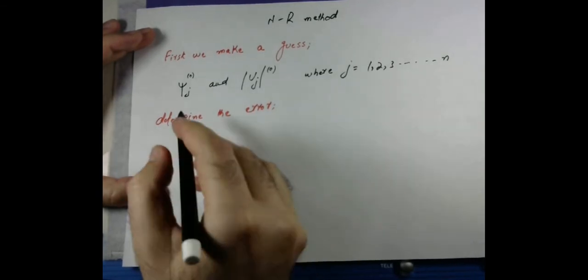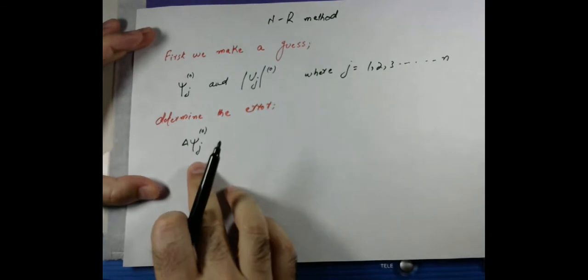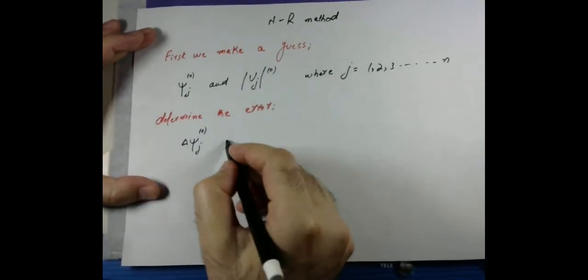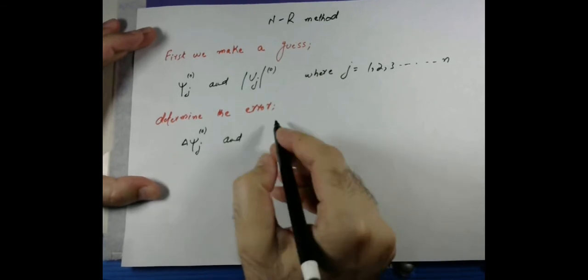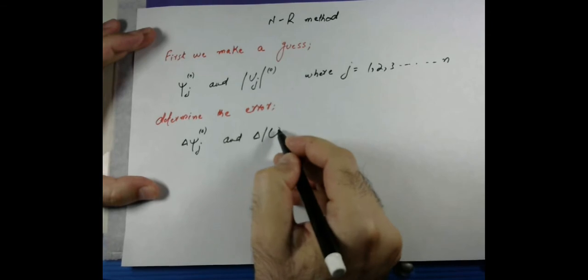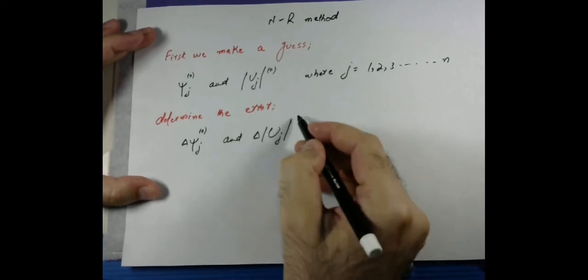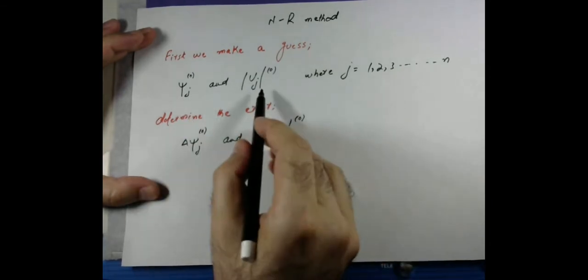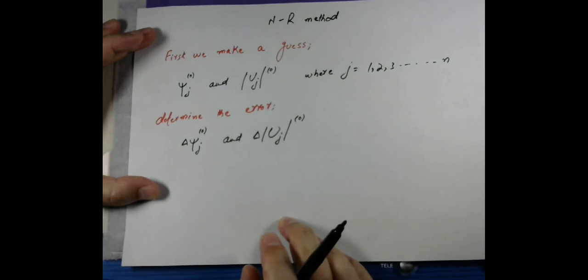This is the first guess and this is the error in the first guess, and likewise the error in the voltage will be represented like that. U, which is the voltage, J, which represents any bus, and that will be the first guess. So these are the first estimates and these are the errors in the first estimates.